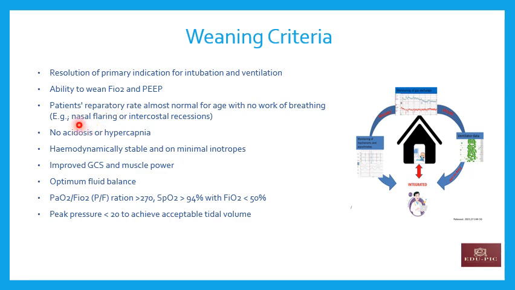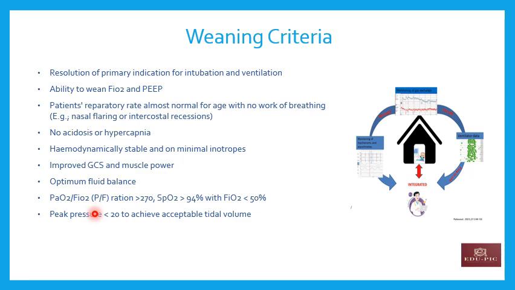The patient's respiratory rate should be almost normal for age, with no increased work of breathing like nasal flaring or intercostal recessions. On the lab criteria, there is no acidosis or hypercapnia, hemodynamic stability, good GCS and muscle power, and optimal fluid balance according to the primary cause.